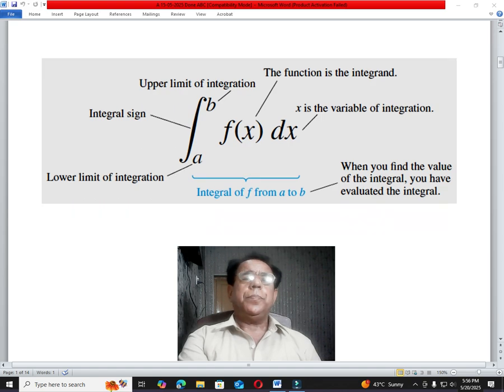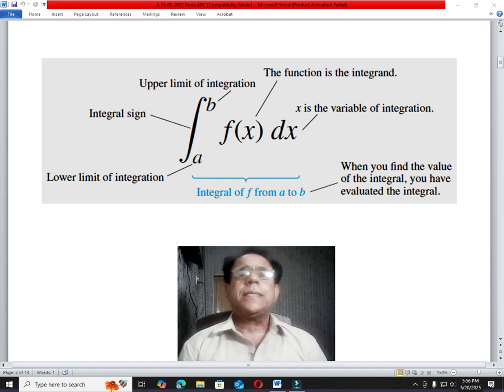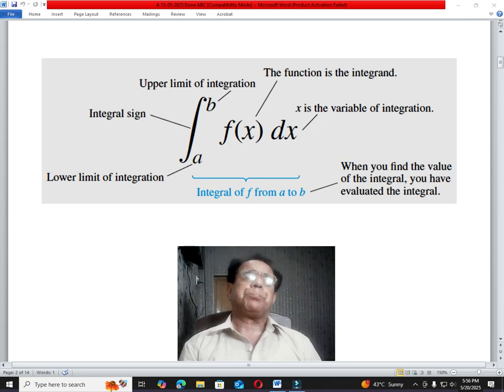This is the form: sign of integration from a to b, where a is the lower limit of integration and b is the upper limit of integration, and in between is the integral sign. Integration from a to b, f(x) dx. Here f(x) is the function, the function f(x) is the integrand.